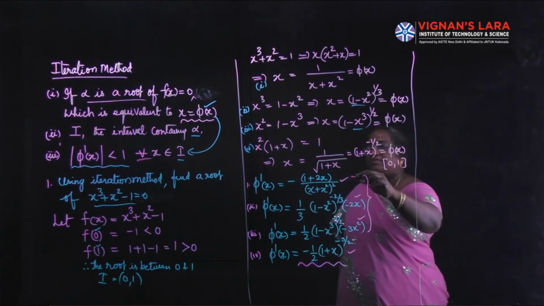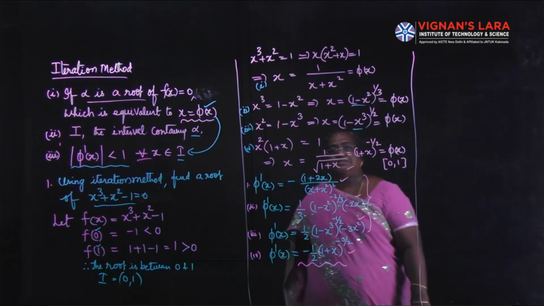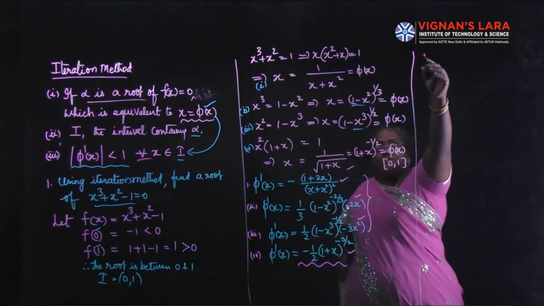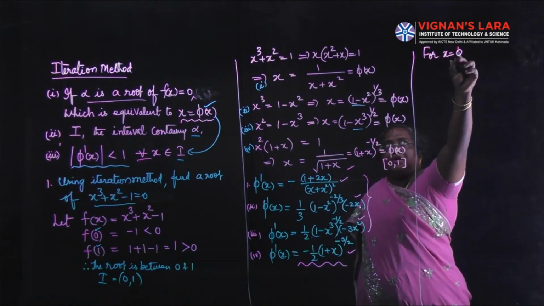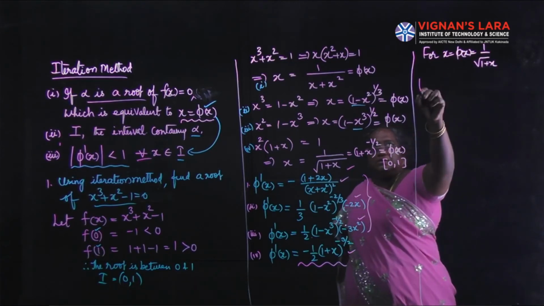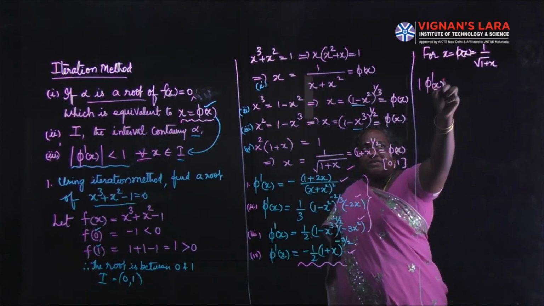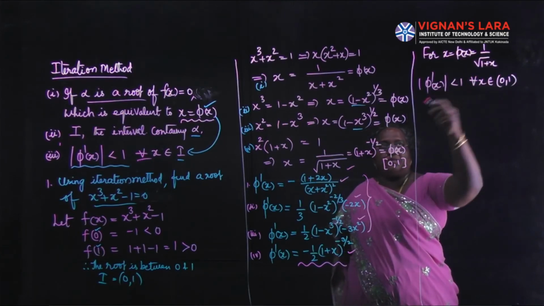So what suits us here is x equal to phi of x is equal to 1 by root of 1 plus x, for which modulus of phi dash x is less than 1 for all x belonging to 0, 1.